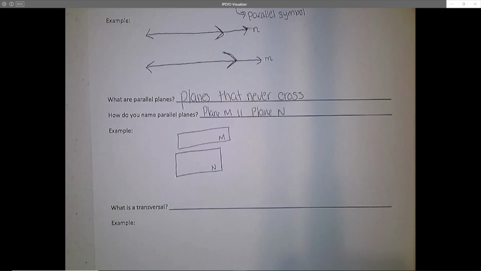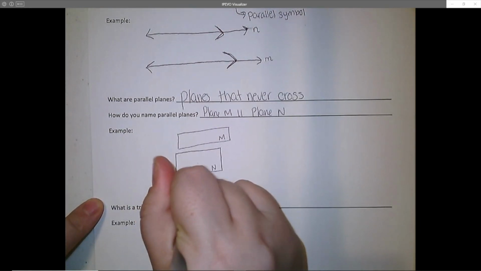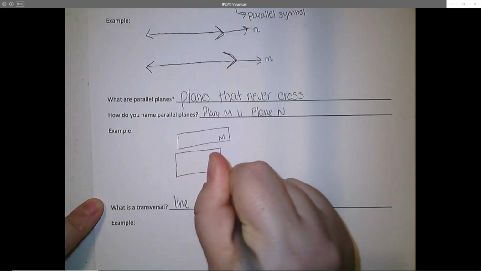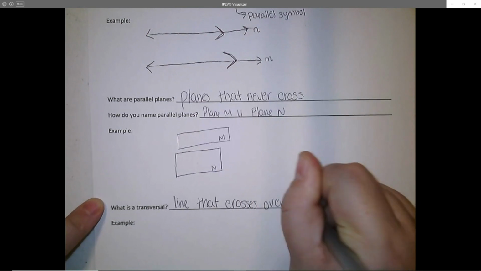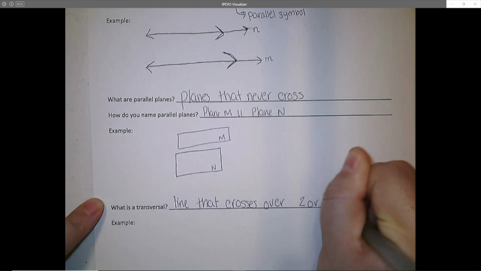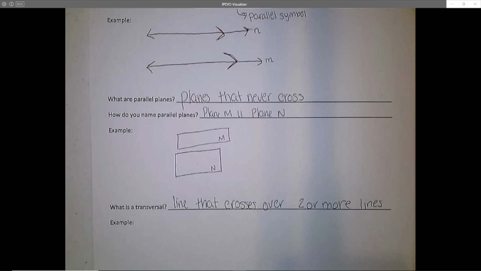What we're really going to get into here is here at the bottom. Transversal is going to be a big topic here today. So what is a transversal? A transversal is a line that crosses over two or more lines.